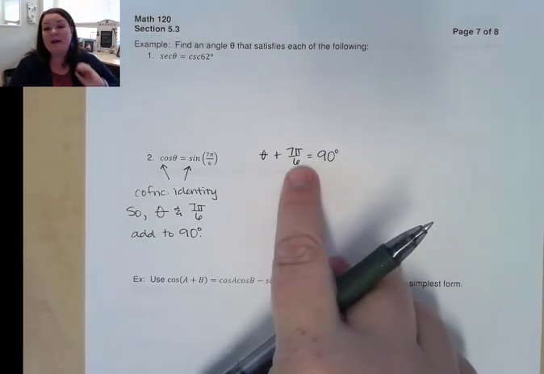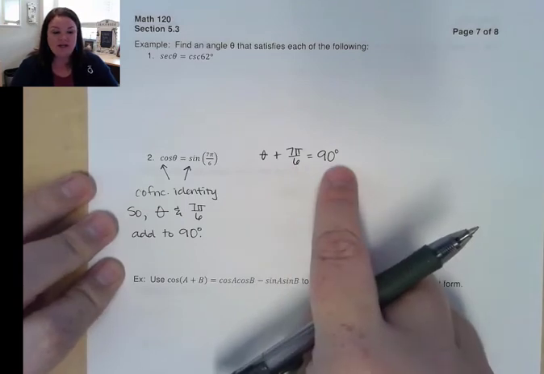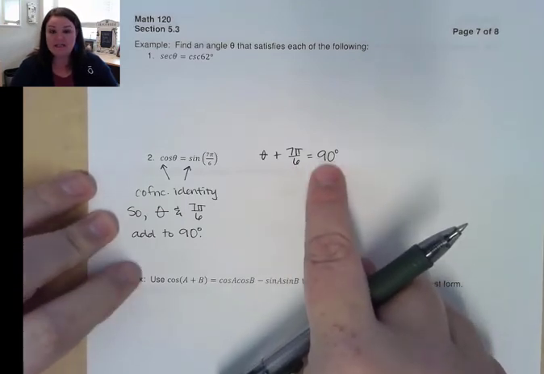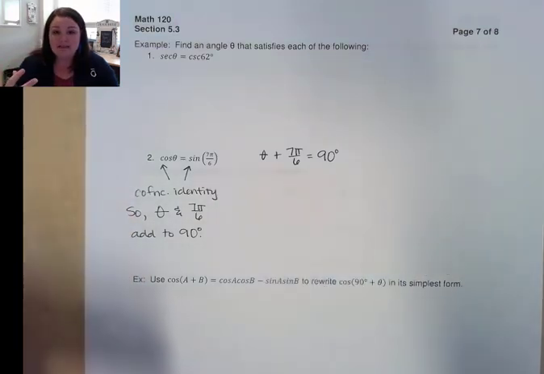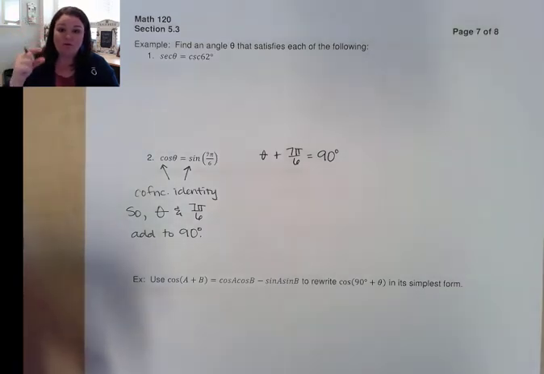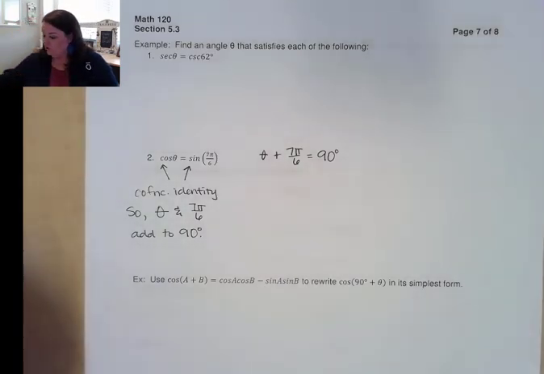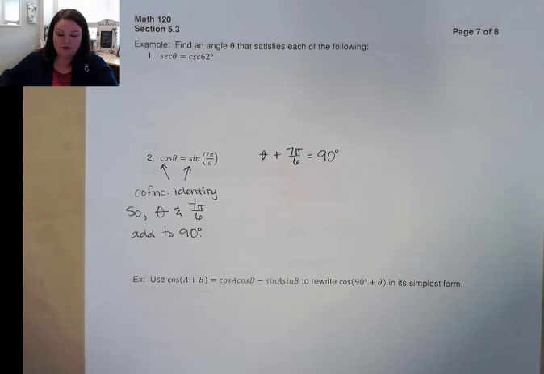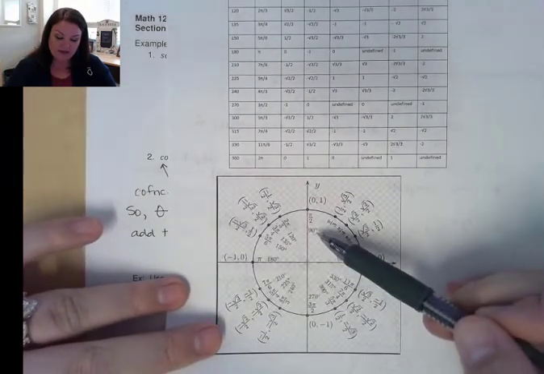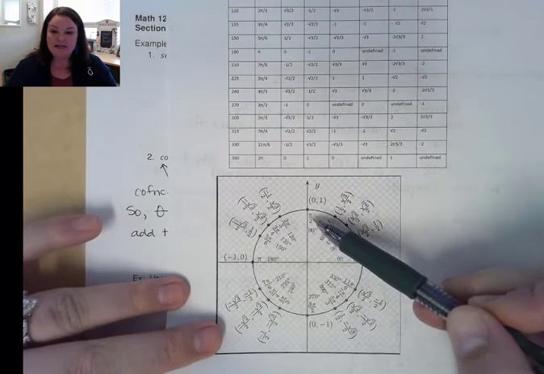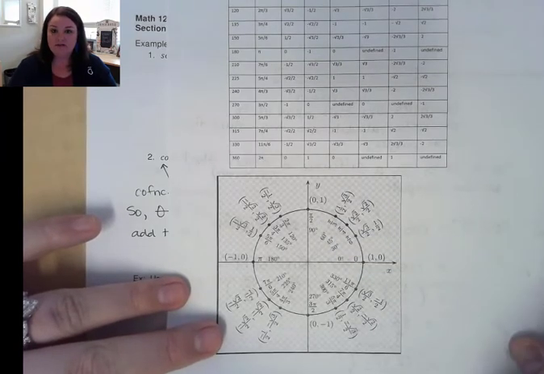Since this one is in radian measures, I'm going to change 90 degrees to radian measures. So you can either multiply by that ratio of pi over 180 degrees, or you can look back at your unit circle. We're trying to convert 90 degrees. If I look at 90 degrees, its radian measure is pi over 2, right?